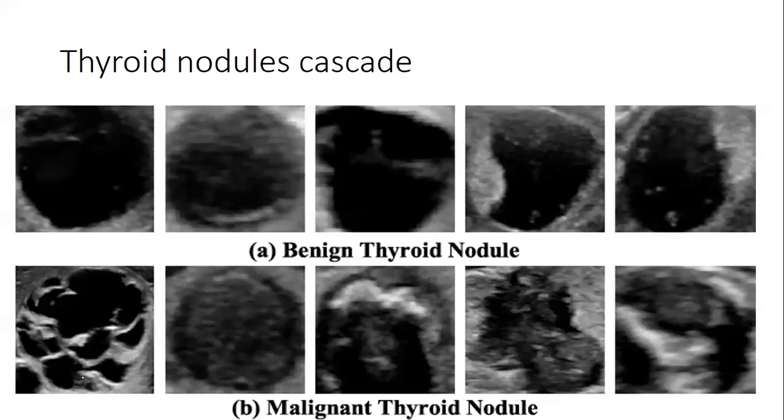Then you also have some solid components. But if you're talking about, for example, follicular adenomas of the thyroid, if you look at the ovary, you have some follicles. So you would see similar follicular appearances within the nodule.